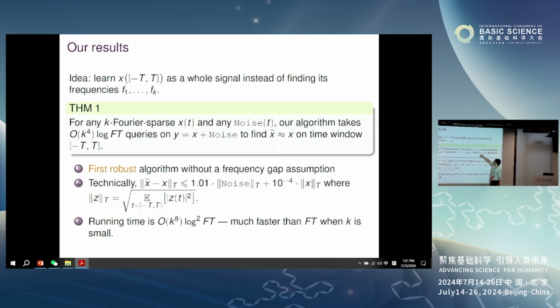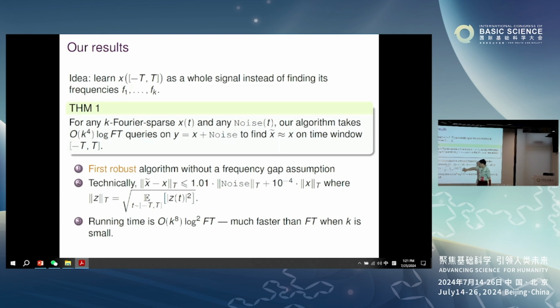If we want to measure the distance between x tilde and x, in this talk we will use the expected L2 norm distance. Since we only care about the time window, I will define it for the time window, using this notation T. It means I look at a random point in the time window, and take the expected square of GT.